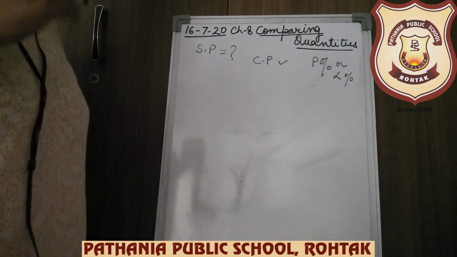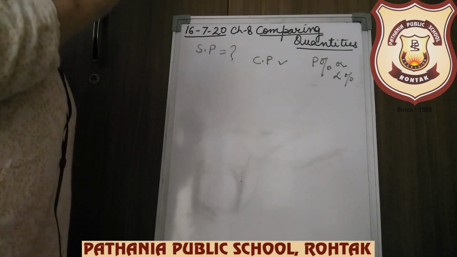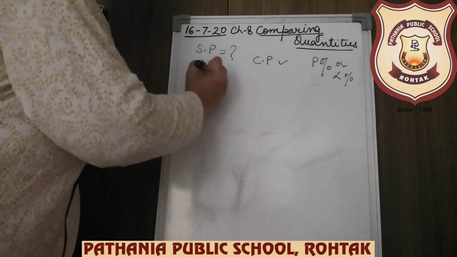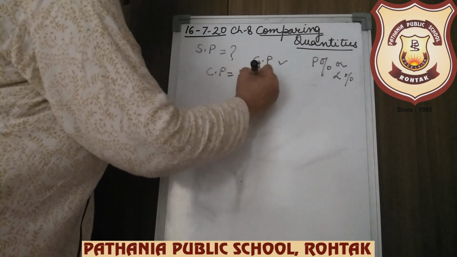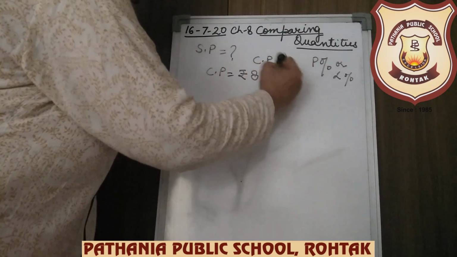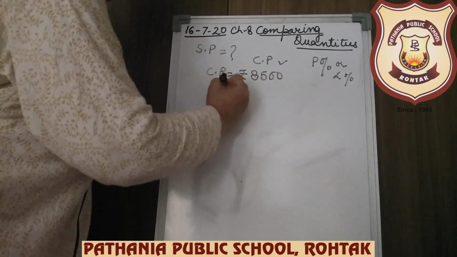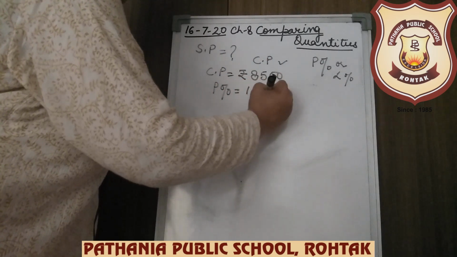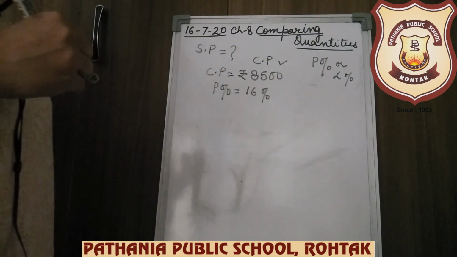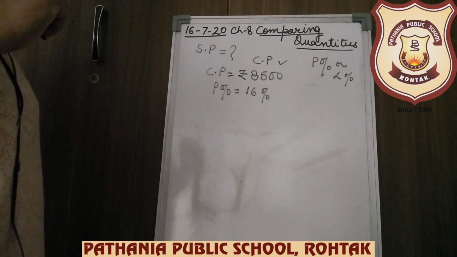Whatever condition will be given to you. So I am taking CP as, if CP is equal to rupees 8500 and profit percent is given as 16%. Then you have to find out SP.